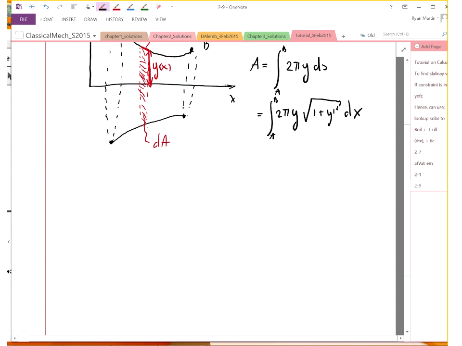So the function L that we care about, you agree that the 2 pi really is not going to change the shape of the function, so the function L that we care about is y times the square root of 1 plus y prime squared. And so you'll note that this doesn't depend on x. And so we can use the standard simplified version.